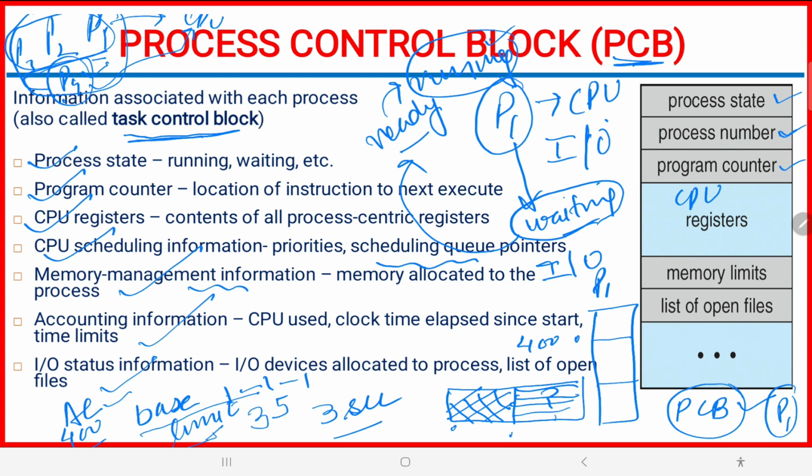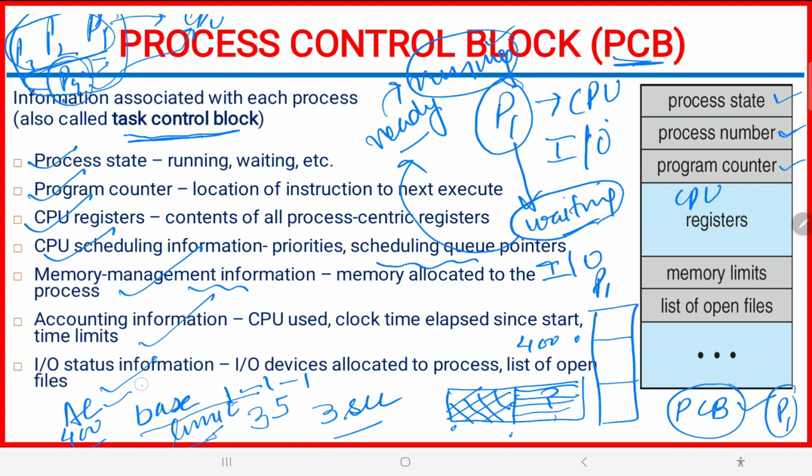Thereafter, the last thing is the IO status information. It specifies the list of IO devices. As I told you in the previous video, a process needs certain resources for its execution, and these resources may include some input as well as some output devices.